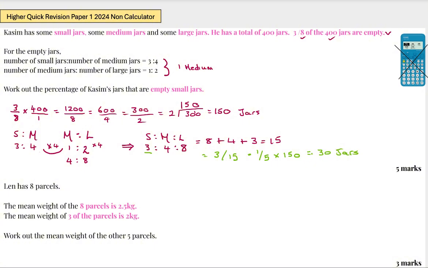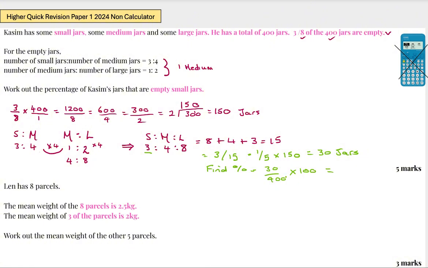Now, with that 30 jars, we need to find the percentage. Now we find the percent. And to do that, all I've done is 30 jars over 400, which was obviously the original total, times 100, because it's a percent.